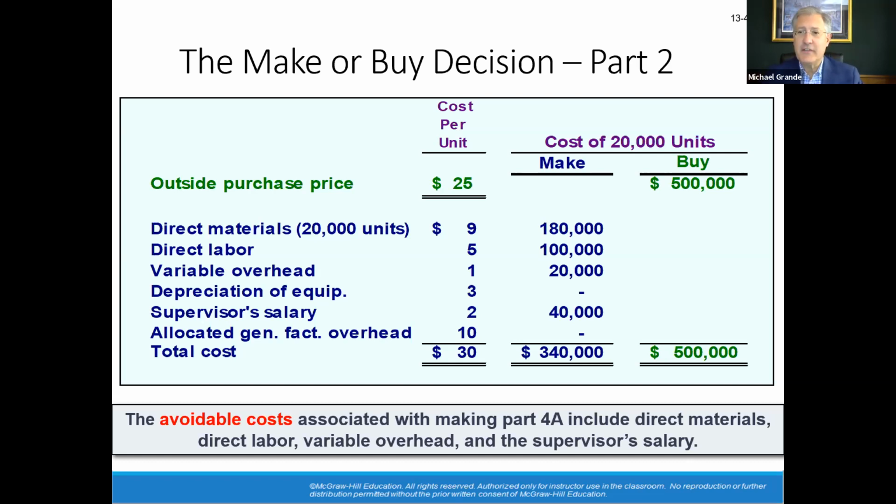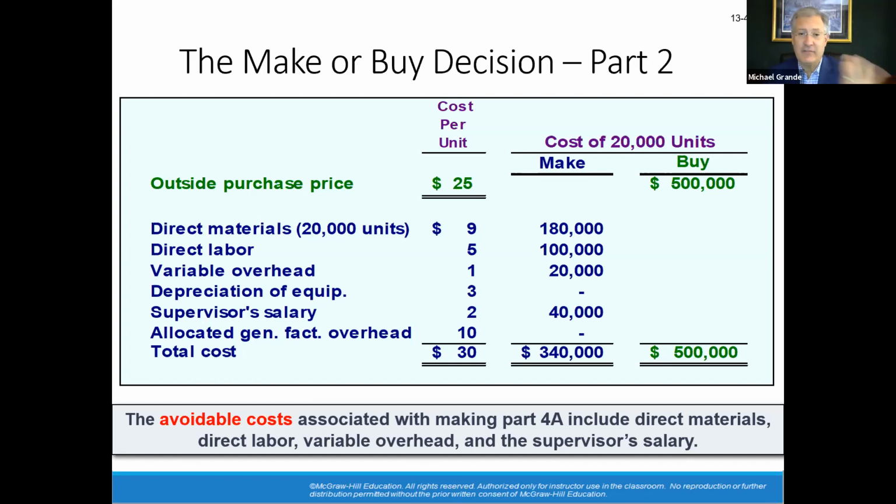The depreciation on the equipment is always irrelevant. It's always insignificant. So we can ignore it. The supervisor's salary is $40,000, and what they're telling us here is that if they were to buy it from somebody else, they would not need that supervisor, and therefore it would go away if they buy it.